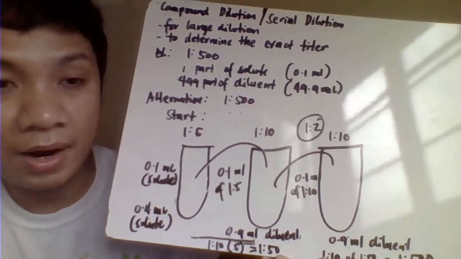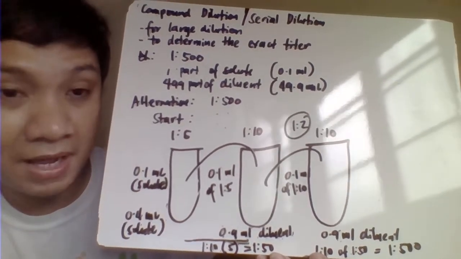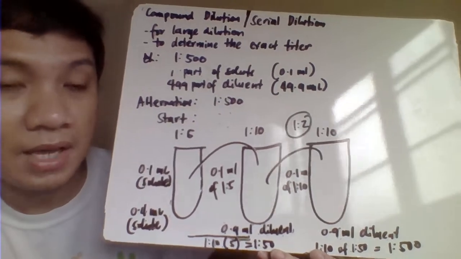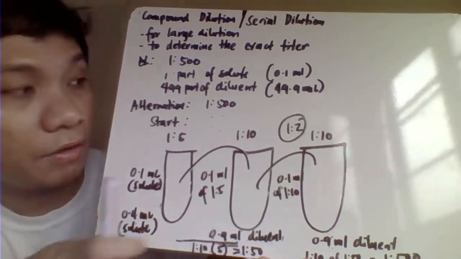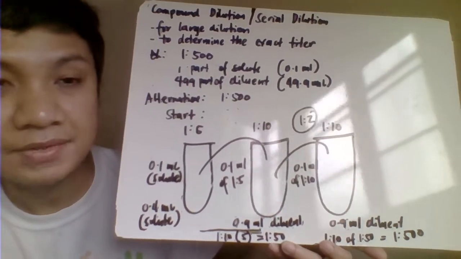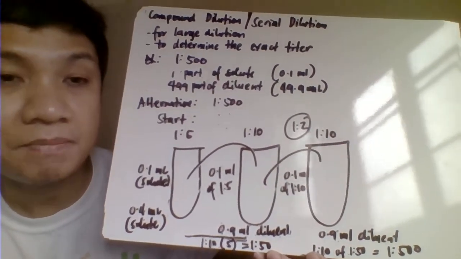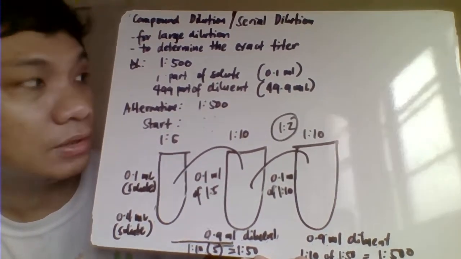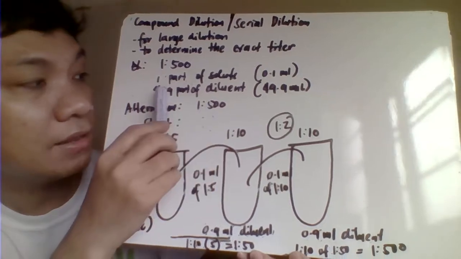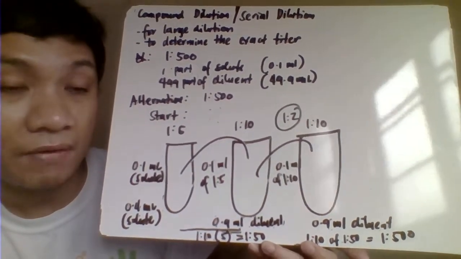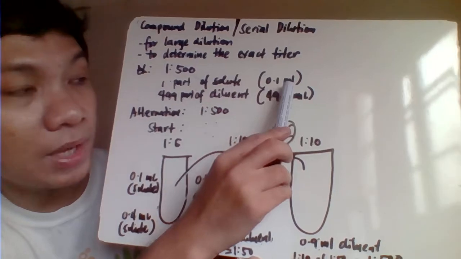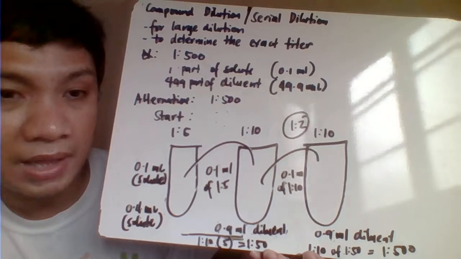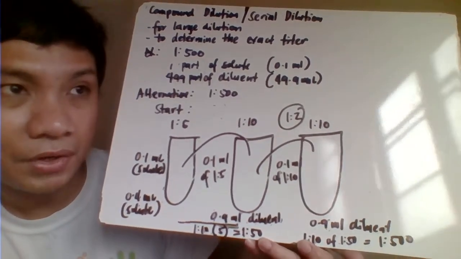At the same time, our serial dilution also helps us to maximize our sample. For example, if you are requested to prepare a dilution of 1:500, and you just use a simple dilution, that's 1 part of your solute and 499 parts of your solvent, or simply 0.1 ml of your serum and 49.9 ml of your diluent, like your NSS or distilled water.